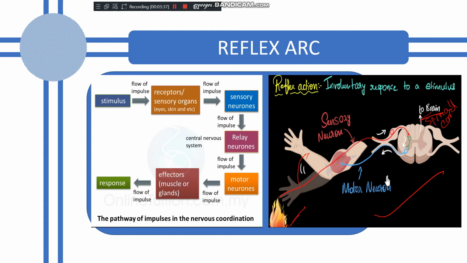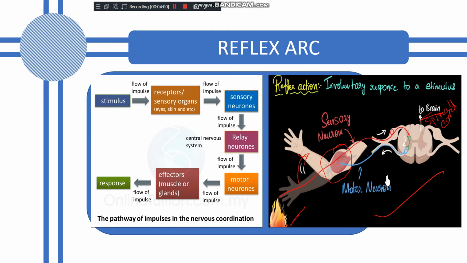So this sensory neuron is taking this message to the central nervous system, and then the response is brought by the motor neuron to the effector, and here the effector is muscles. And then the person takes his hand away from the fire.